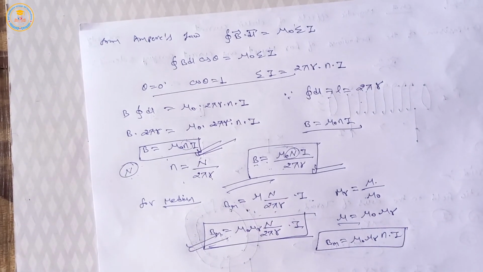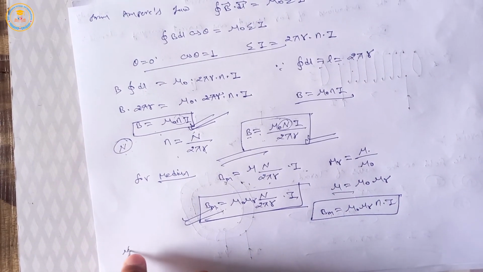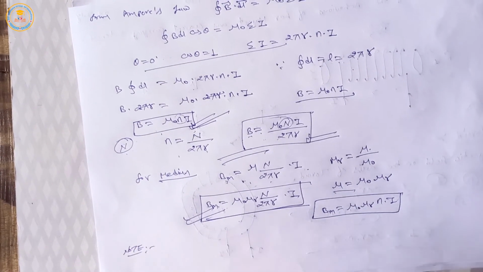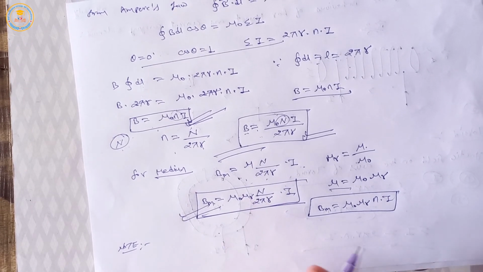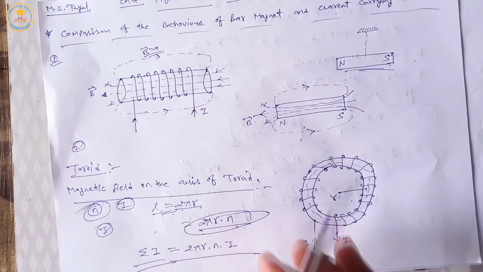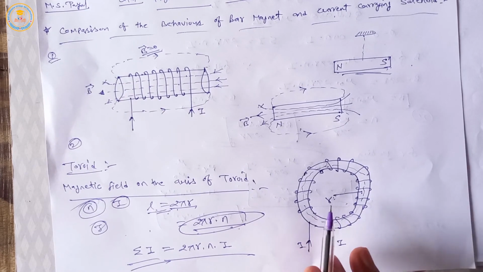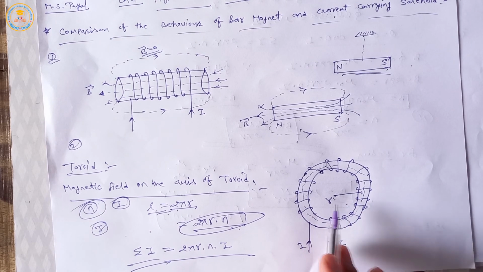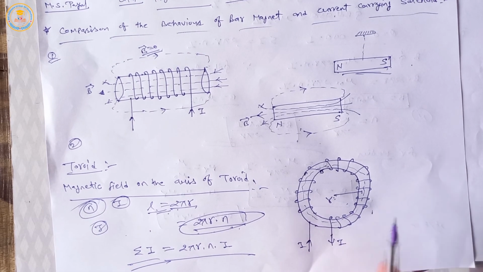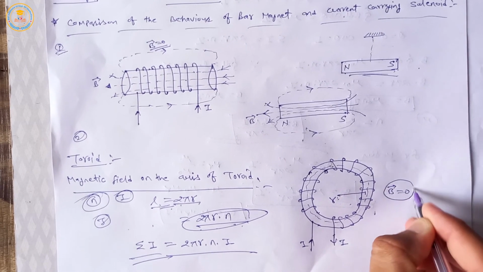Okay, this is the toroid. A very important thing to note in this toroid is that the magnetic field in a current carrying toroid is only inside the toroid. It means the magnetic field only exists inside, the internal part, but outside the toroid the magnetic field will be zero, and at this point B vector is equal to 0.